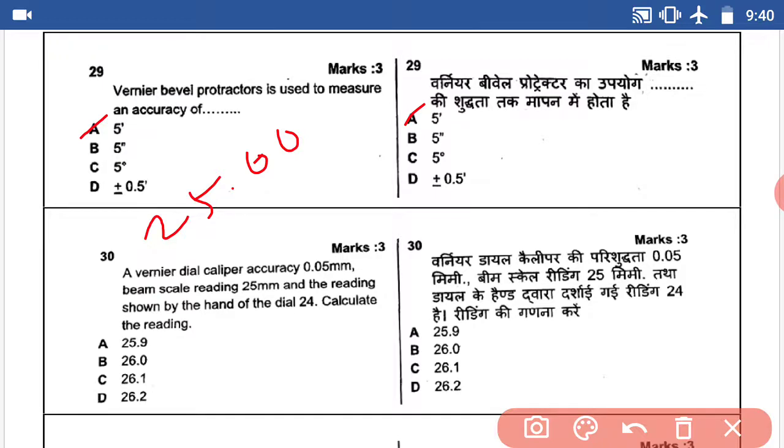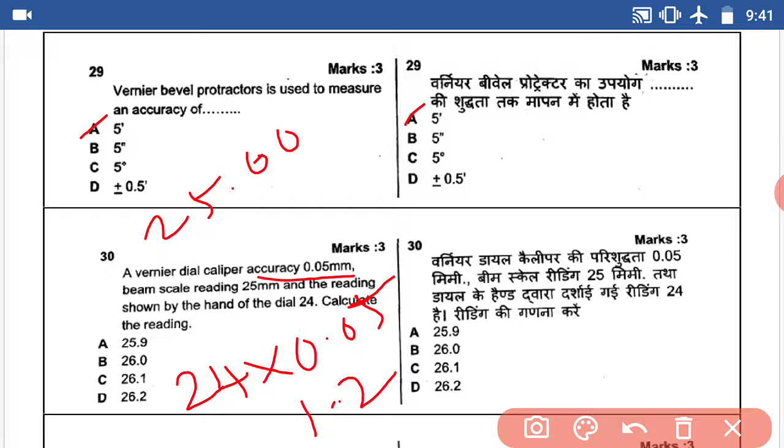Dial number 24, multiplied by the caliper accuracy 0.05. This multiplied value is 1.2.